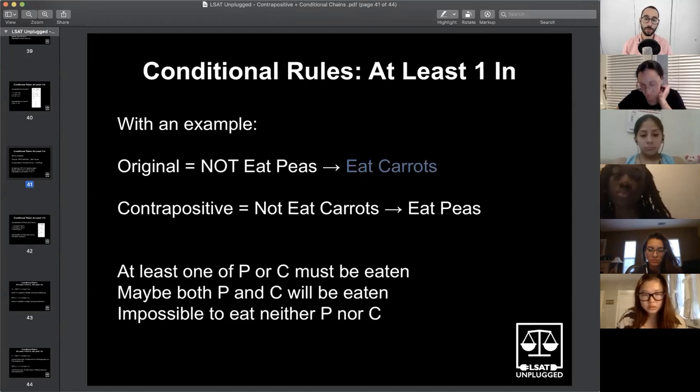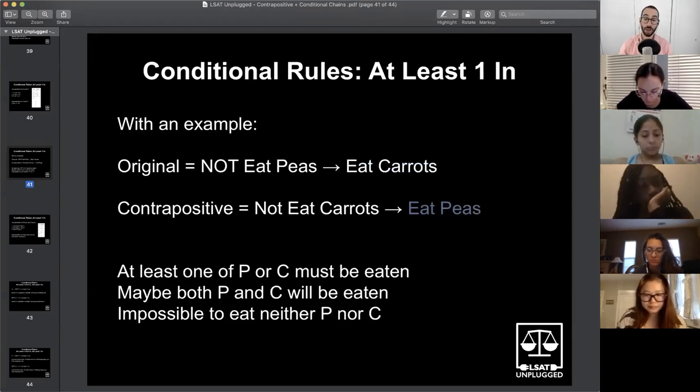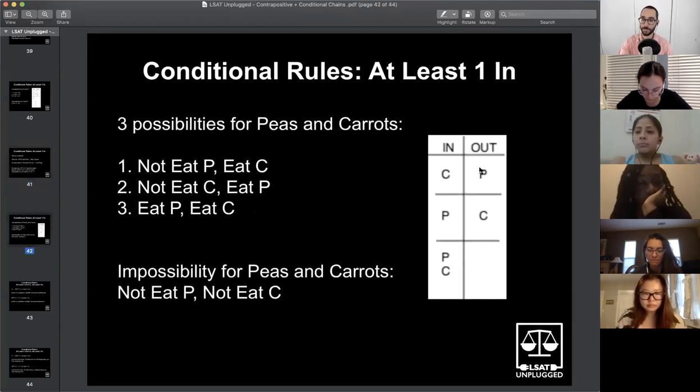For that reason, nothing is stopping us from having P in. Similarly, if we're told P is in, where's carrots? Who knows? Could be in, could be out. Anything's possible. We cannot say. So these three possibilities are all true. P and C could be in together, but we could not have them both in the out column.